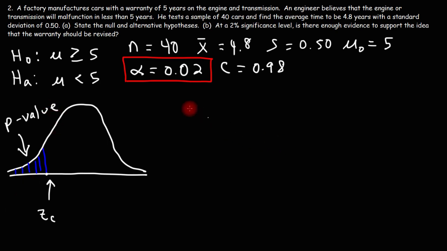Let's calculate z first. So here's the formula. It's going to be the sample mean minus the mean of the null hypothesis divided by the sample standard deviation over the square root of n.